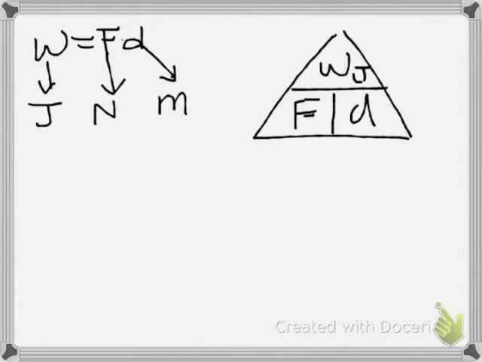F and D. So I have my units of joules here, and my units of newtons here, and my units of meters here. So whenever I'm using this triangle to solve a problem, if I'm looking for work, which is on the top, I'm going to multiply my force and my distance. If I'm looking for force, I can divide work by distance, and so on. It's just an easy way to remember it.